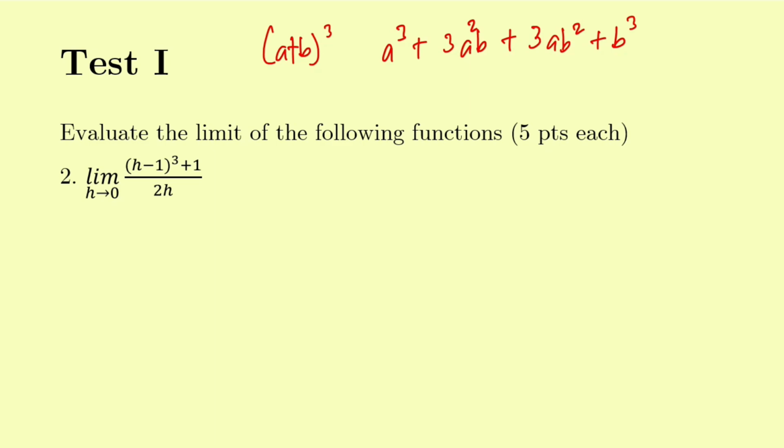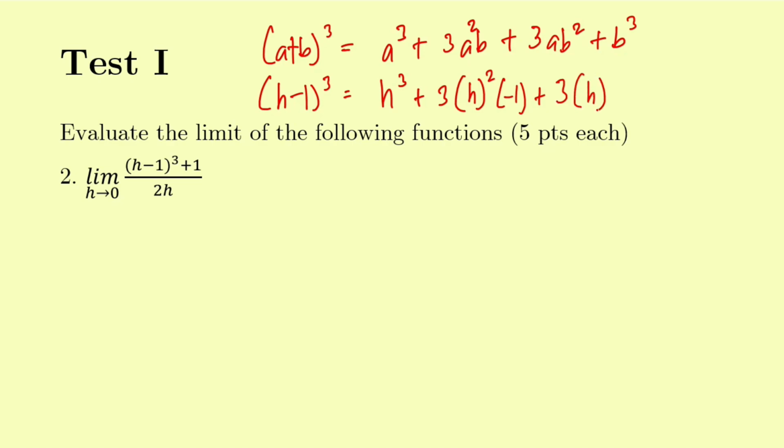Or you can use the standard FOIL method. Regardless of that, we will end up with, kasi nga h minus 1 cube, so it will become h cube, and then this one is 3 times h squared times negative 1 plus 3 times h times negative 1 squared plus negative 1 cube.